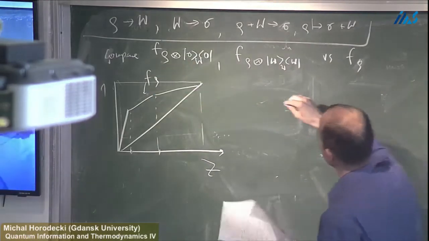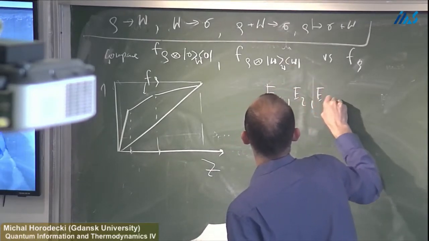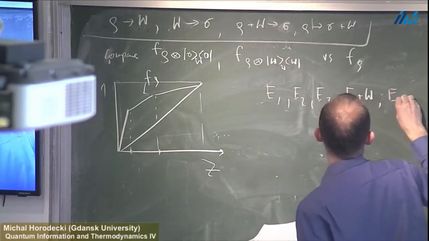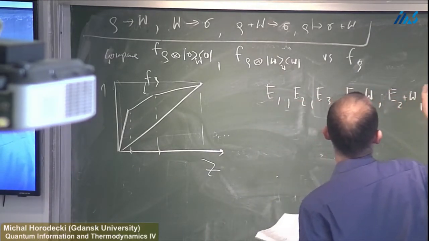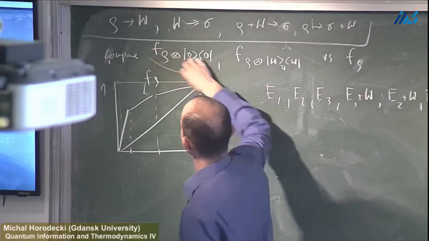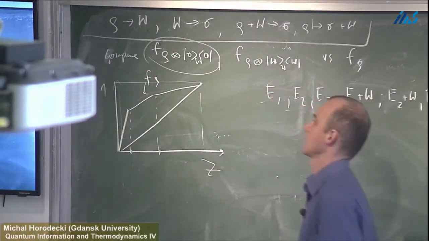So all together we have 6 levels, and the levels have these energies. Okay. So we have now 6 levels. Therefore, the thermodiagram for this thing should have here 6 sections, right?